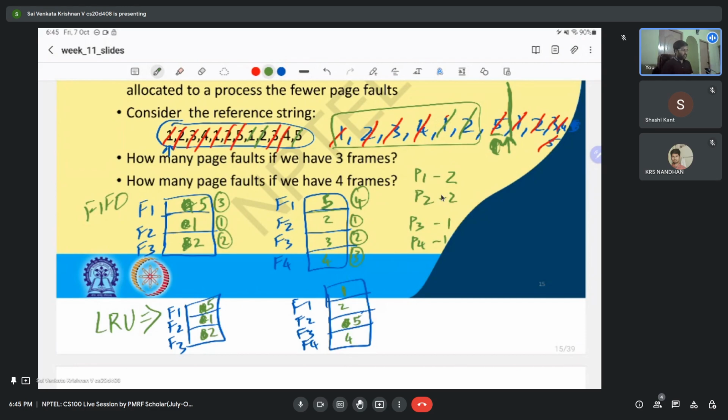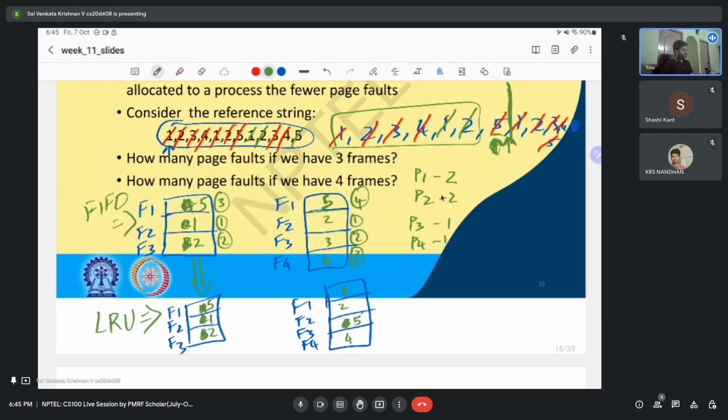If you notice between FIFO and LRU, with just 3 frames, the active pages maintained in memory are the same set: page 5, page 1, and page 2 at the end of this reference point.